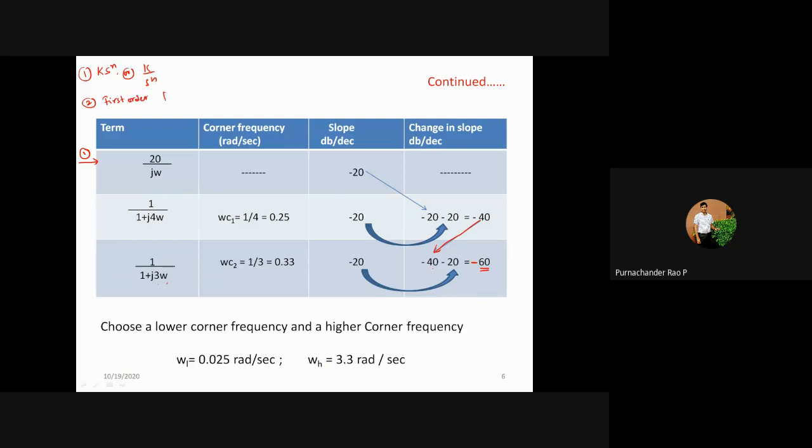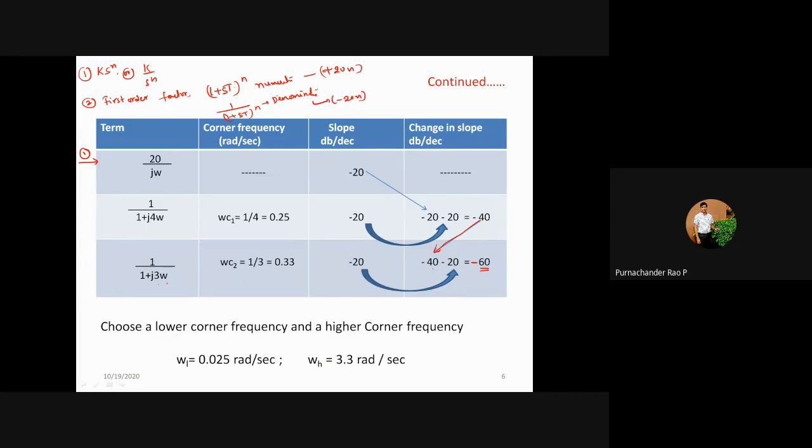These first order factors will be 1 plus s into t power n, this is in the numerator. 1 by 1 plus st power n is in the denominator. Therefore this will contribute plus 20 into n, and this will contribute minus 20 into n.